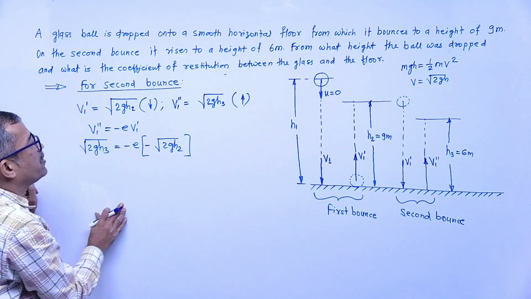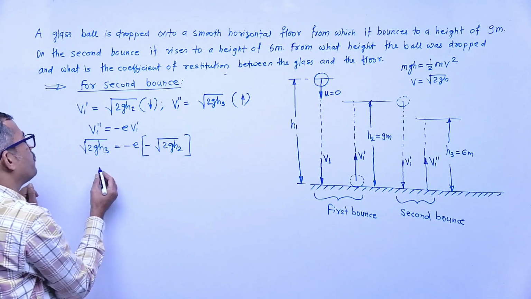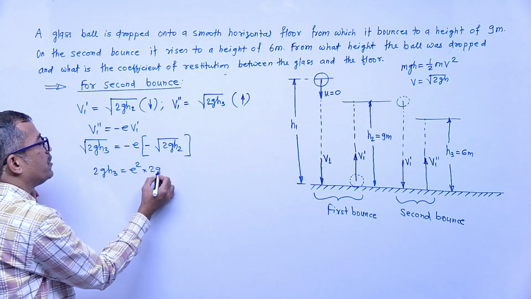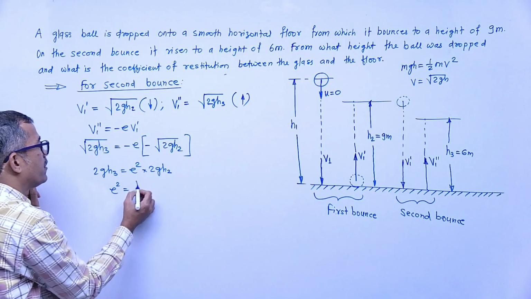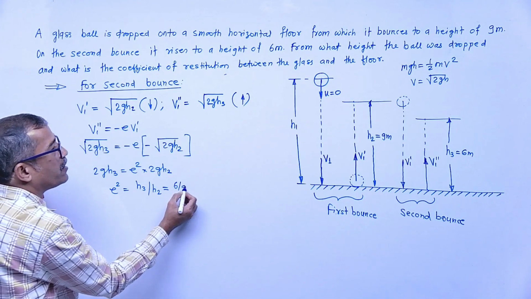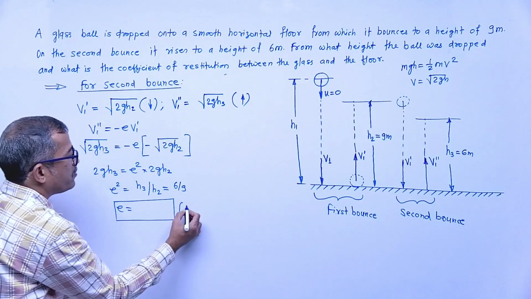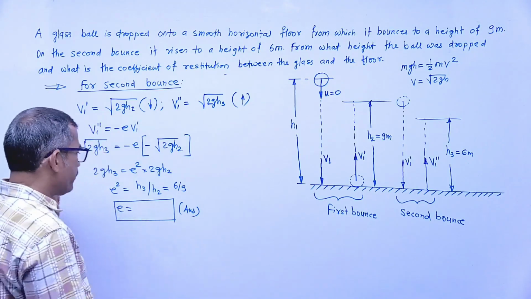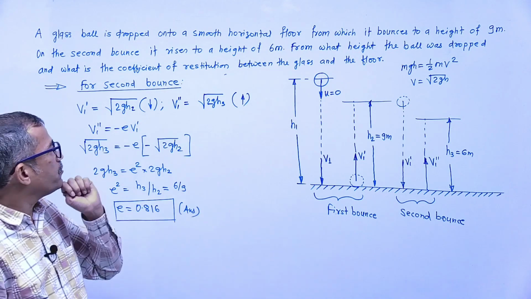Now h3 and h2 are known. Square first, this becomes positive, then e square. So 2gh3 equals e square into 2gh2. 2g gets cancelled. E square is h3 by h2, means 6 divided by 9. You can find the coefficient of restitution. This is our first answer: 0.816. Now the coefficient of restitution you know.